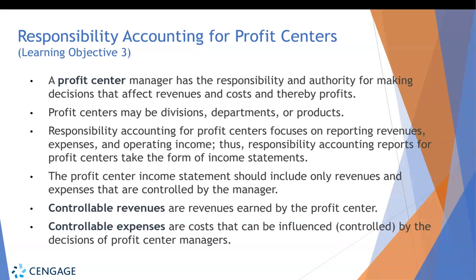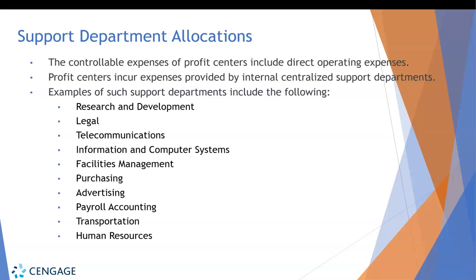So, responsibility accounting reports for profit centers look like income statements. That's what they're going to be. The profit center income statement should include the revenues and expenses that are only controlled by the manager. Controllable revenues are revenues earned by the profit center, and controllable expenses are costs that are controlled by the decisions of the profit center managers.